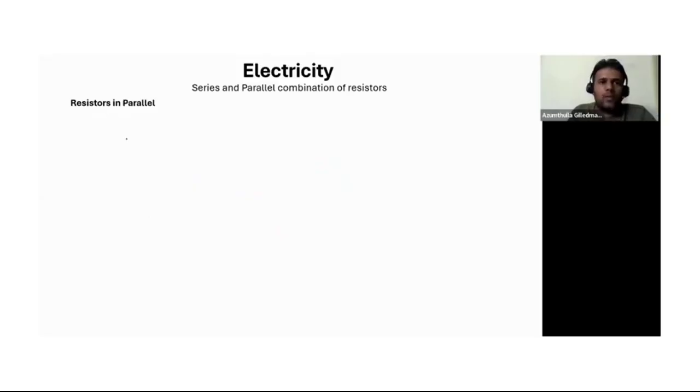Now, what happens if we connect in parallel? Let's understand what parallel connection means. So let's say I have three resistors. This is R1, this is R2, this is R3.